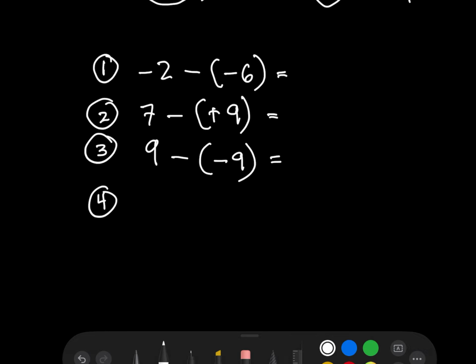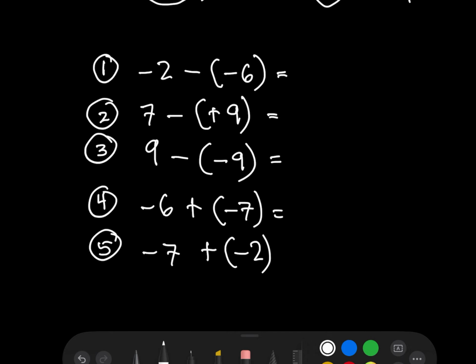Number 4, you have negative 6 plus negative 7. And last is negative 7 plus negative 2. So what is your answer?